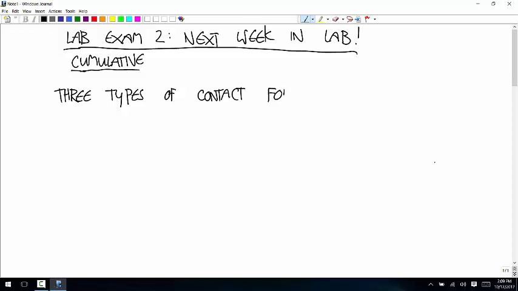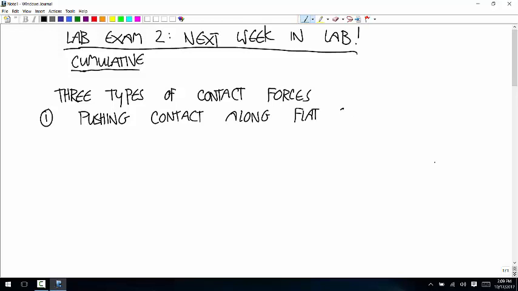3 types of contact forces. The first one is a pushing contact along a flat surface. The second one is a pulling contact.